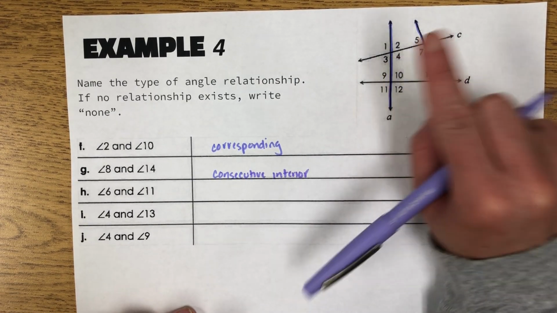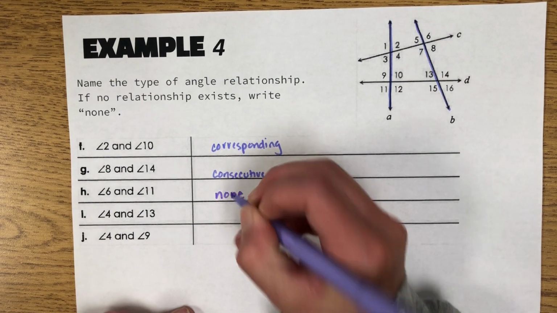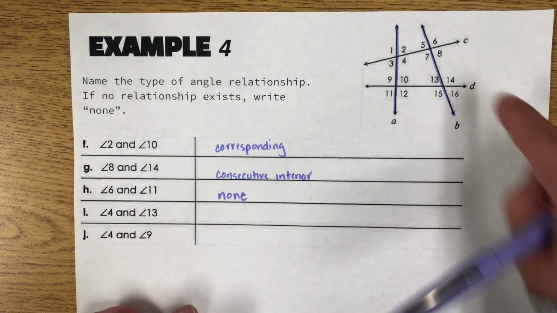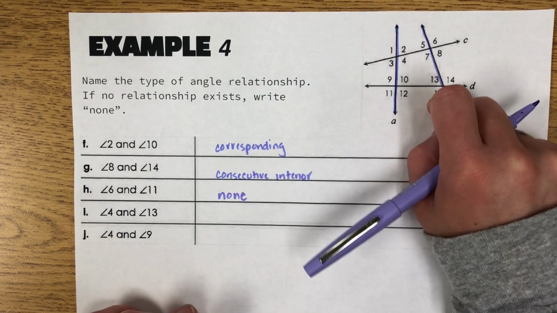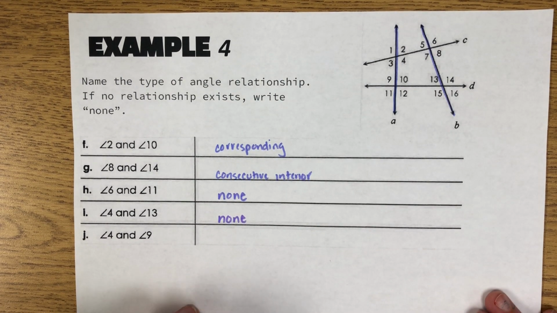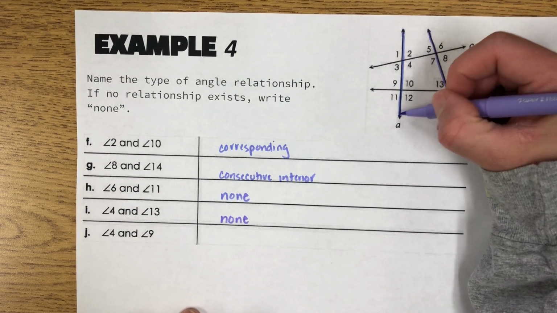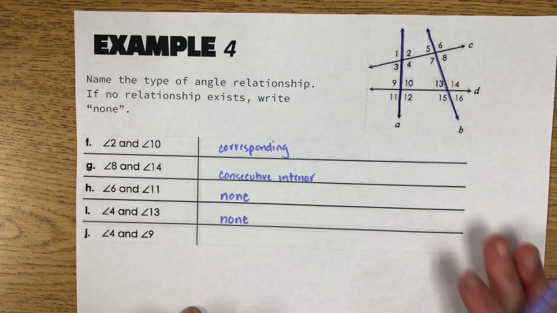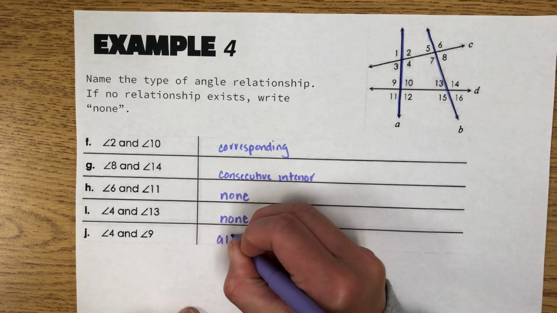They don't share a transversal, so they are actually no relationship, or none. 4 and 13, same thing. They don't share a transversal, so we would write none. And then 4 and 9, the last one, would use A as the transversal, and that relationship would be alternate interior.